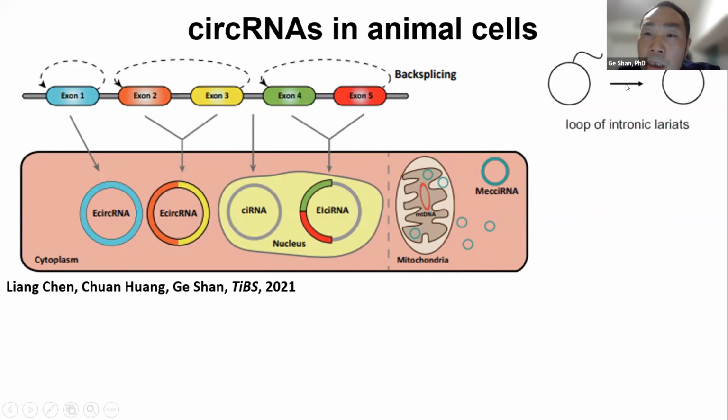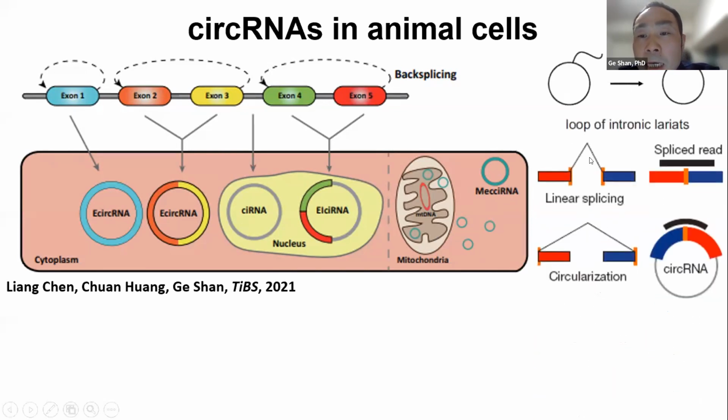So this is the intronic circRNA, and then exonic circRNA and exon-intron circRNA are formed by back splicing. During canonical linear splicing, the precursor RNAs are spliced into a linear mRNA.